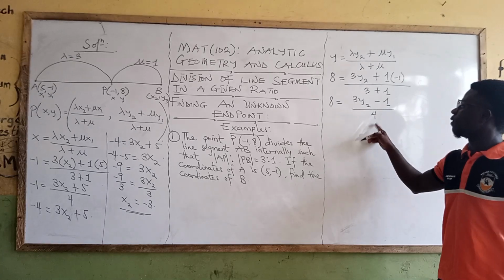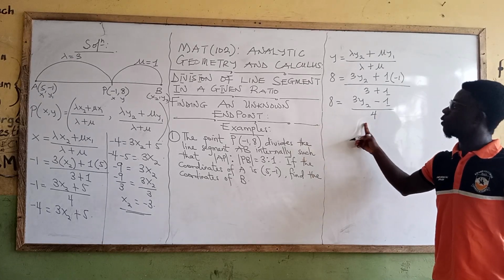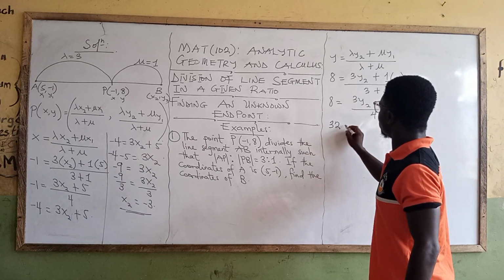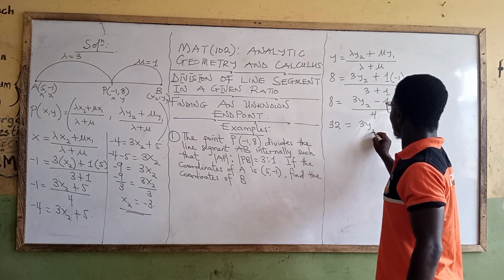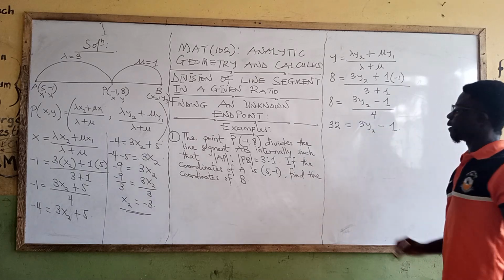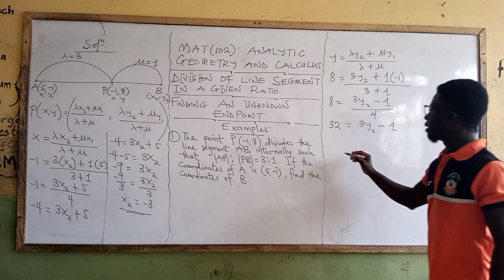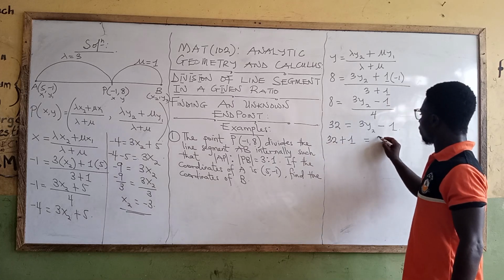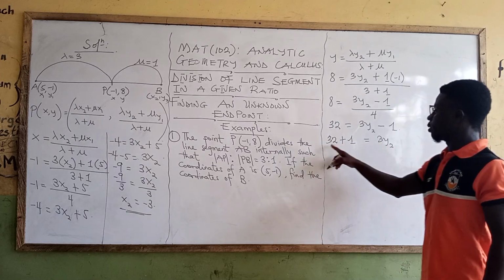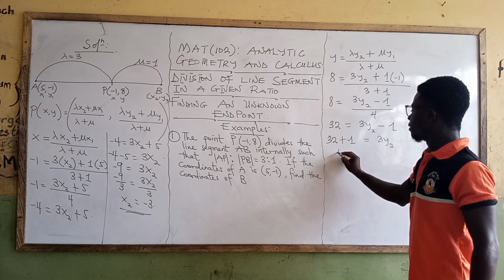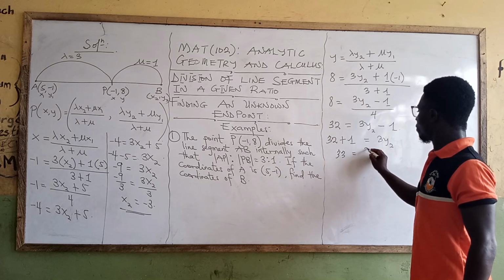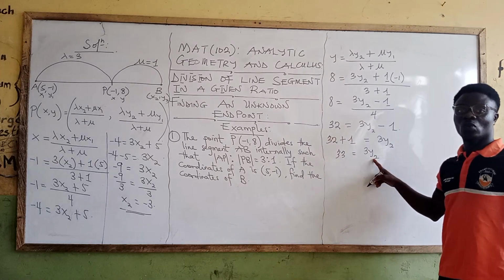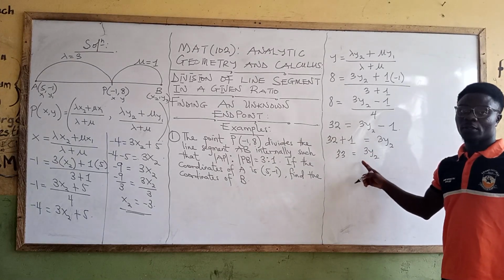How best can we solve this? We multiply by 4. That's the LCM. 4 times 8, we obtain 32 equals 3y2 minus 1. So we group like terms to get 32 plus 1 equals 3y2. 32 plus 1, we obtain 33 equals 3y2. We divide both sides by the coefficient of y2, which is 3.